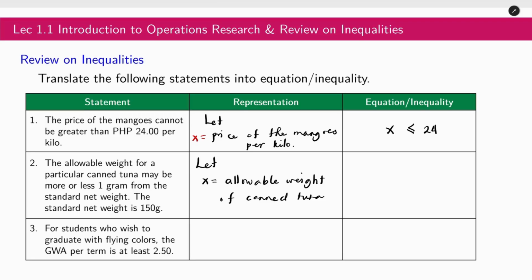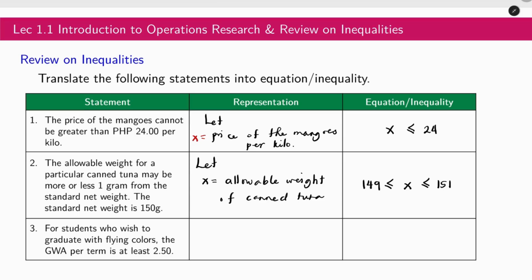Okay, here we have 1 gram. The standard net weight is 150 grams. So it means that x should be less than or equal to 151 but greater than or equal to 149.